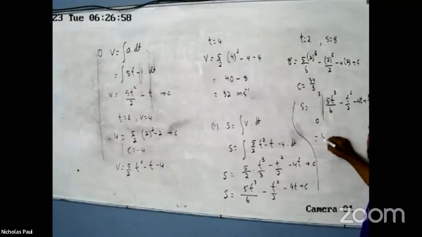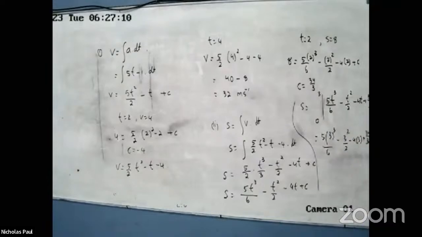Plug in your 3, so that'll be 5 by 3 cubed on 6, minus 3 squared on 2, minus 4 by 3, plus 34 on 3. Then you plug in 0 and you'll get minus 34 on 3. Then you're working out, this will cancel.